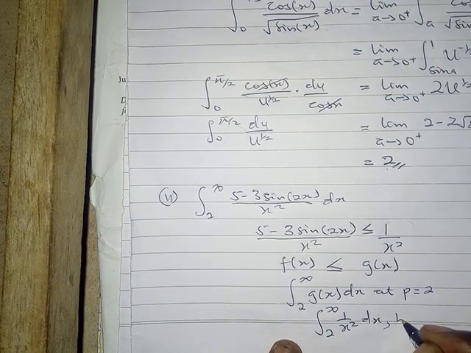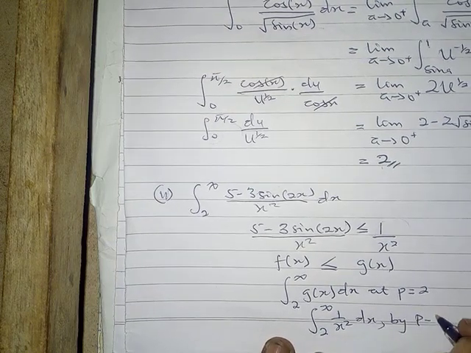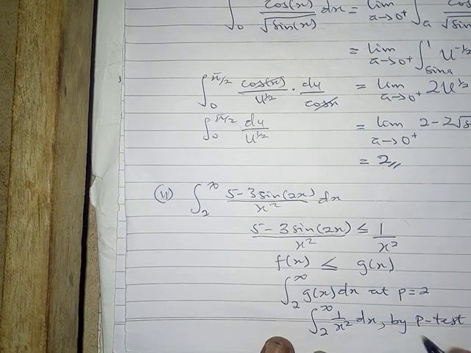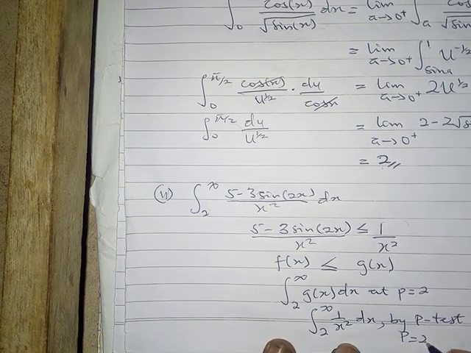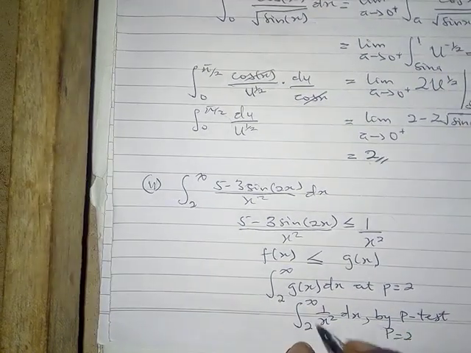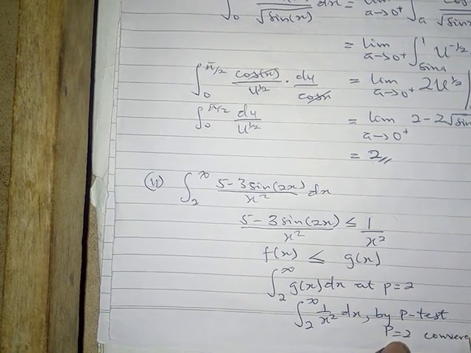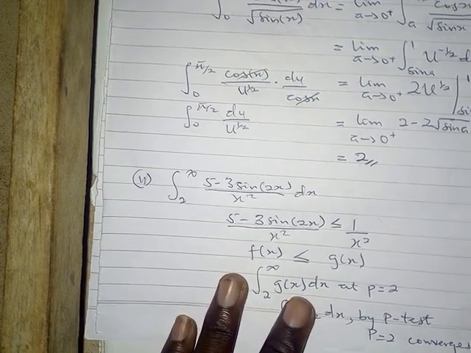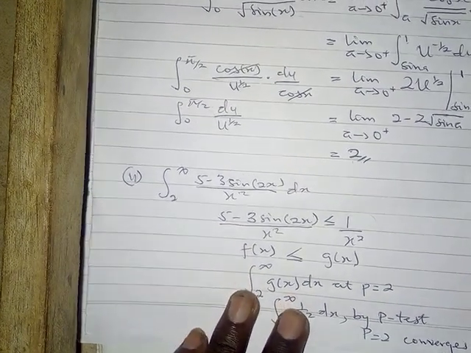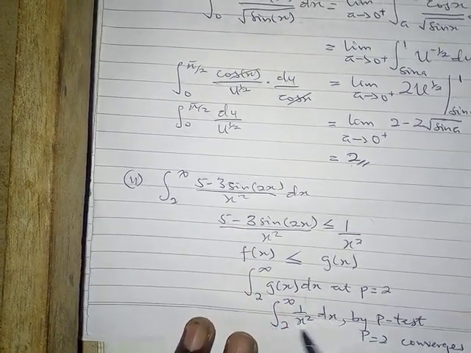By the p test, our p is equal to 2. Hence this integral converges, because p is greater than or equal to 1. So we say that this integral converges.